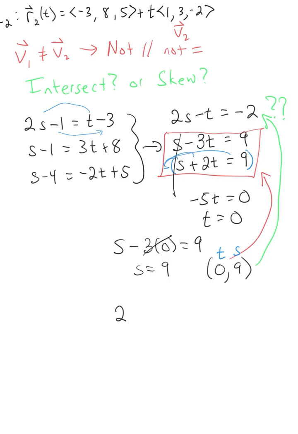I'm just making sure I get that plugged in right. So we have 2s minus t equals negative 2. That's our first equation that we're going to check. Plug in 9 in place of the s. So 2 times 9 minus 0 equals negative 2. 2 times 9 is 18 minus 0 equals negative 2. And we would see that that's actually false.